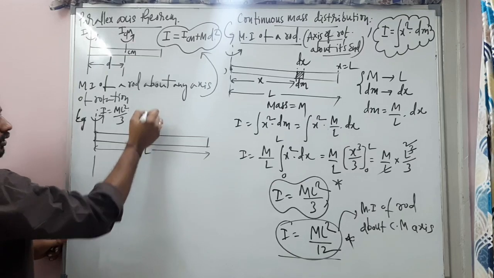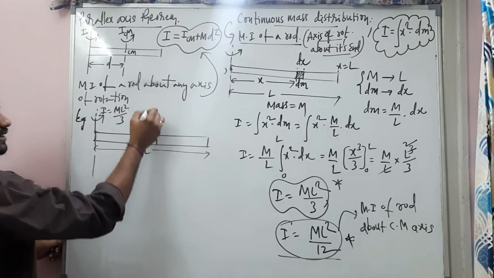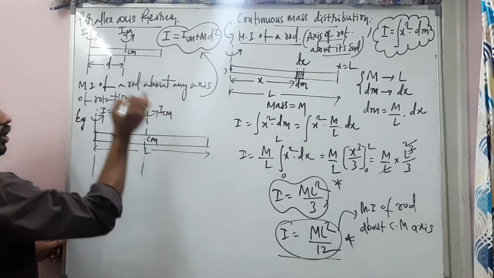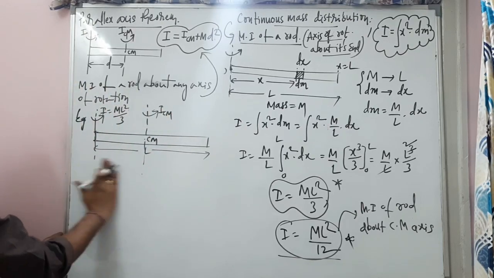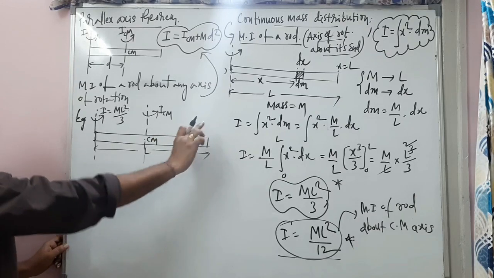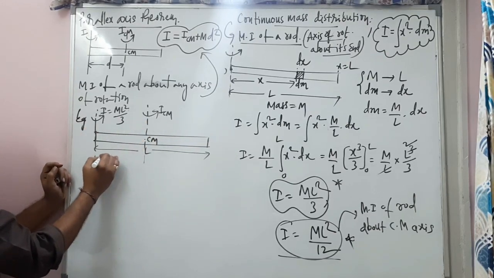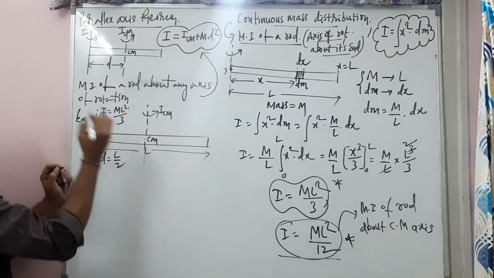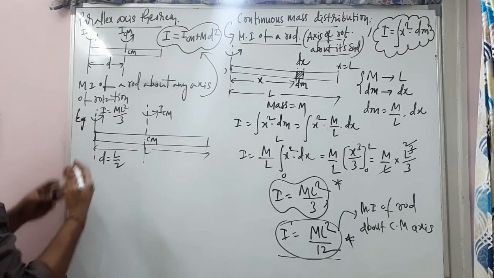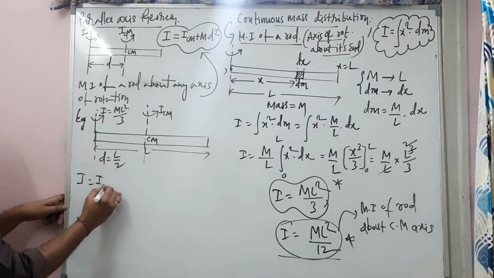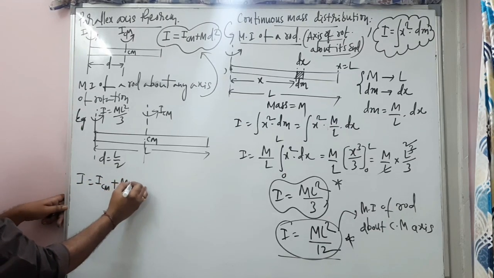What we need is about the center of mass. What is the moment of inertia of this rod? Total rod length is L, right? Now this is the perpendicular distance between these two axes. So D is equal to L by 2. From the parallel axis theorem, I is equal to ICM plus MD square.